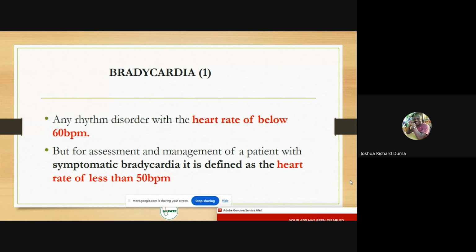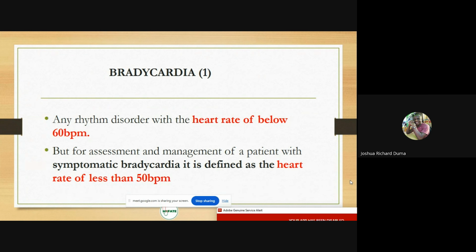Through ECG, it's very easy to see bradycardia. Once the heart rate is below 60, the ECG can show you. As the first slide tells, the heart rate is automatically calculated by the machine itself.